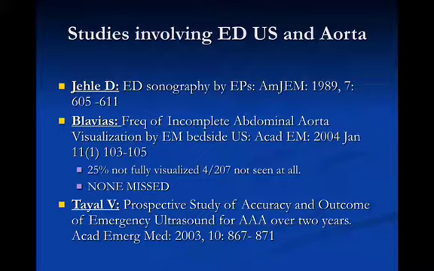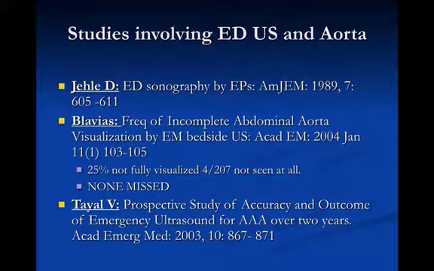Blavis also did a study on the frequency of incomplete abdominal aortic visualization and found that a full 25% were not visualized in totality, and 4 out of 207 they couldn't find the aorta at all, and yet they still didn't miss any aneurysms.